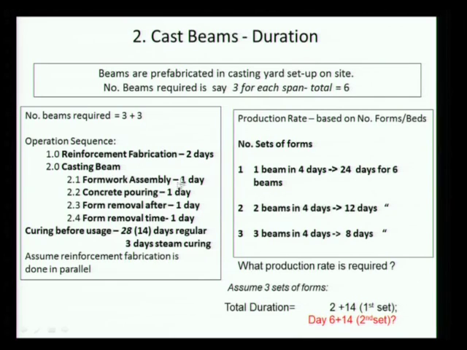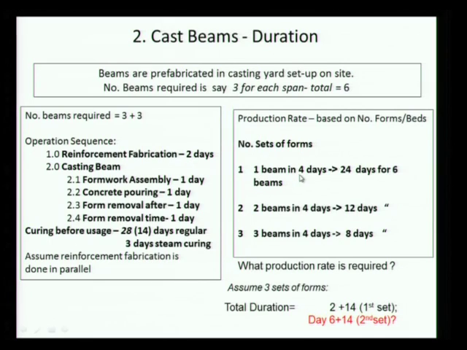It takes me 1, 2, 3, 4 days before a form is ready again. So assume that my reinforcement yard is producing reinforcement and it's available very rapidly. I just need to take it, put it into the form, assemble the form, pour the concrete, wait for 1 day, remove it, and then the form is ready again.